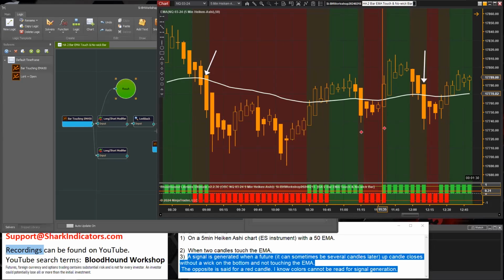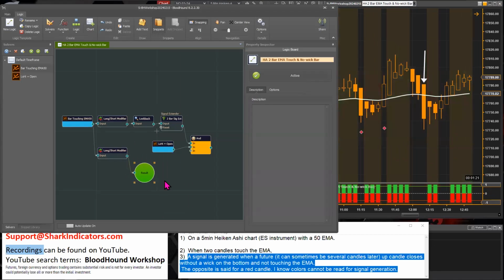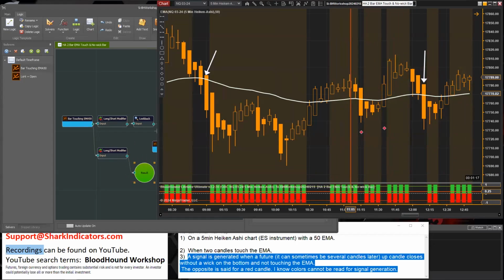That's why the bars that have a long and a short equal 0 coming out of this function node. But for the other bars, it would be a long output minus 0 for the short output, so 1 minus 0 is 1, and vice versa. 1 for the short output minus 0 for the long output, so 1 minus 0 would be 1.